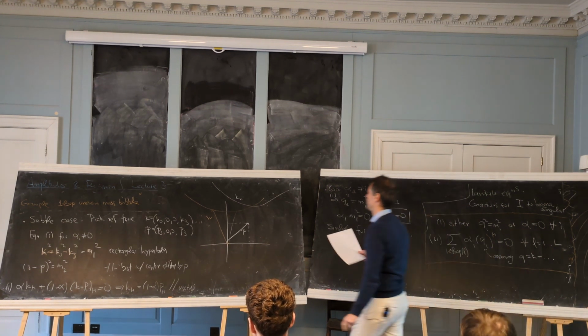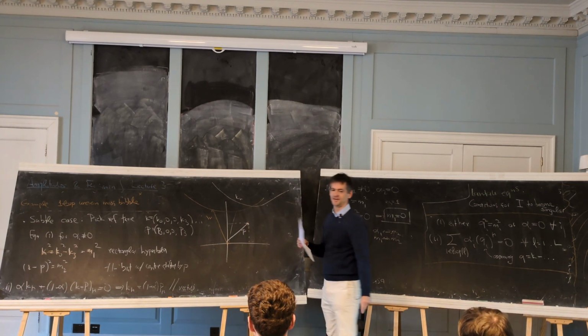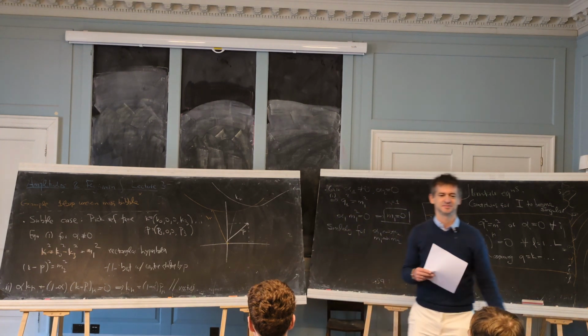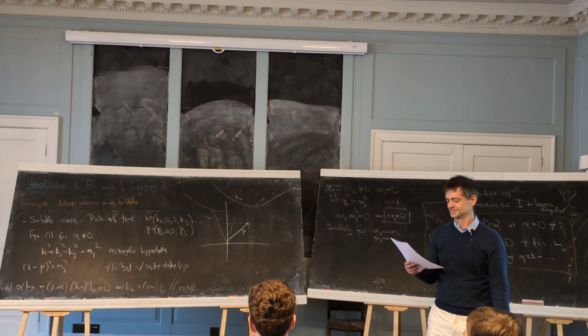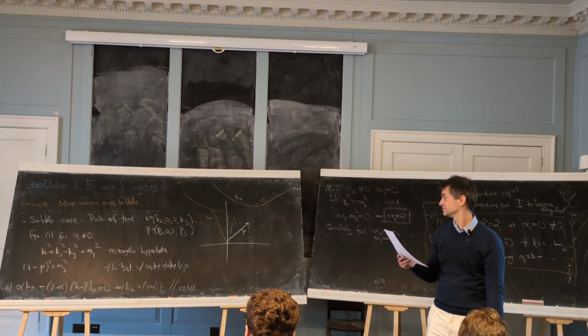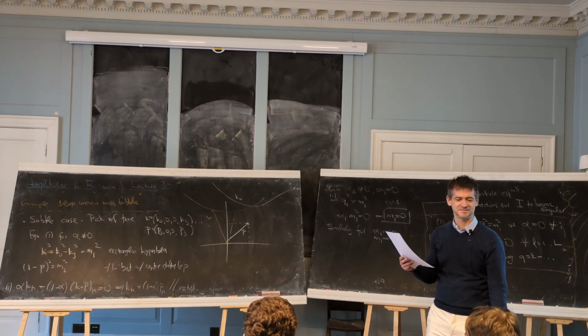Namely, is there a point on these hyperbolas where k and p become parallel? No one sees this?